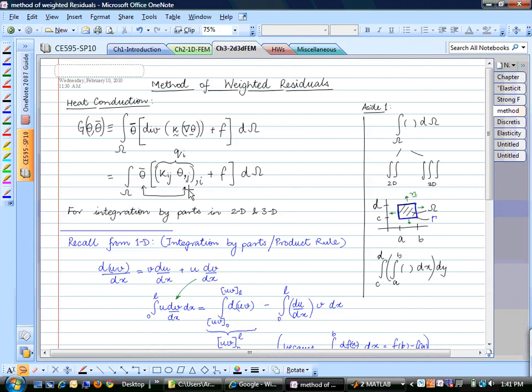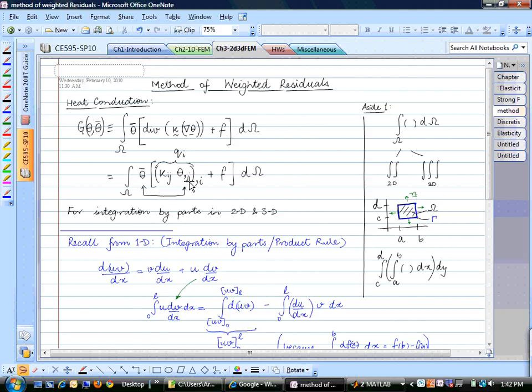This is just a shorthand notation that we talked about last time. And comma i is with a different variable, del over del xi. But again, all these terms, we are using the summation convention, which means that since there are two i's in this term, we are going to be repeating that term for i equal to 1, 2, and 3.